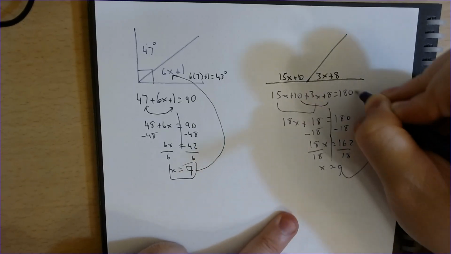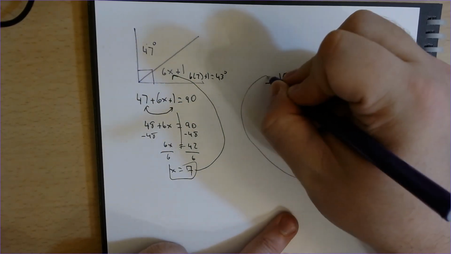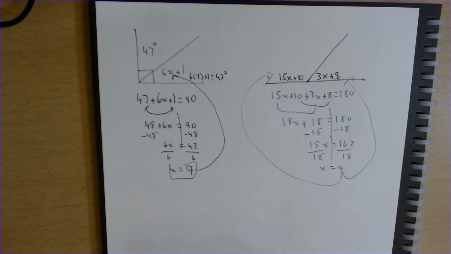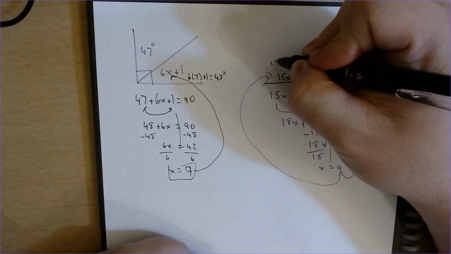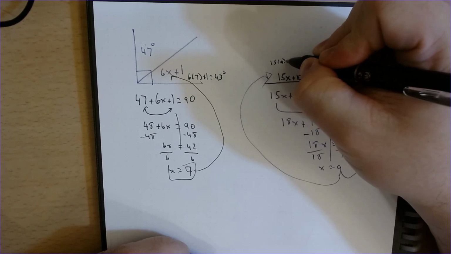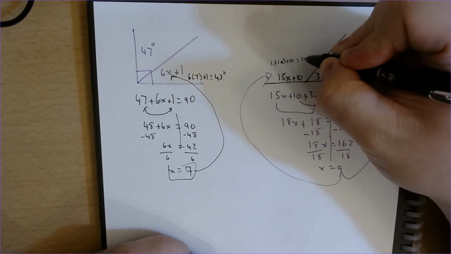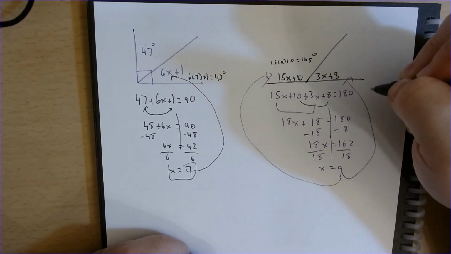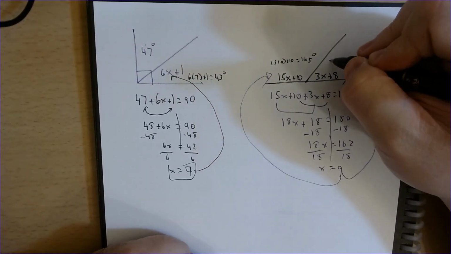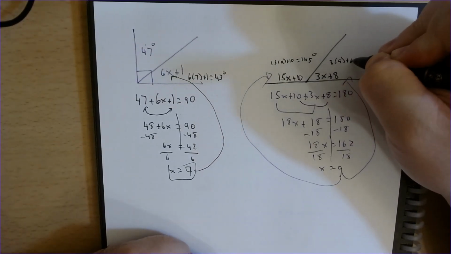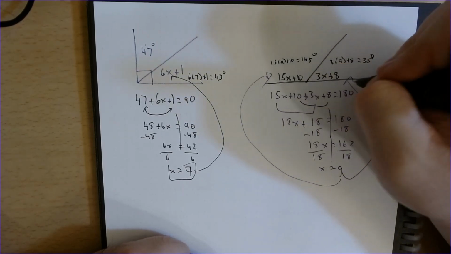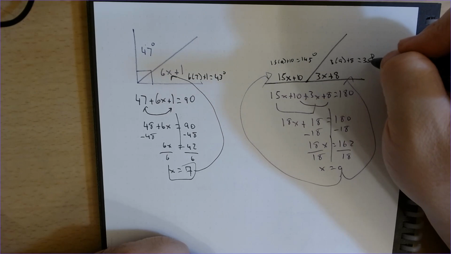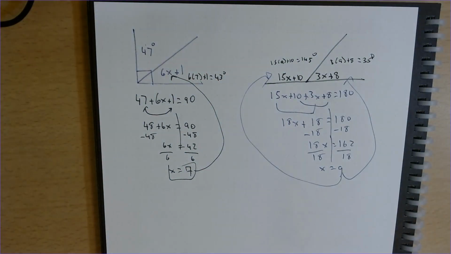Then we want to plug these back in. So 15 times 9 plus 10 is 145 degrees. And then if you do 3 times 9 plus 8, that's 27 plus 8, which equals 35 degrees. You could have also just taken 180 minus 145 and gotten 35, but sometimes it's better to plug it into both just to check your work.